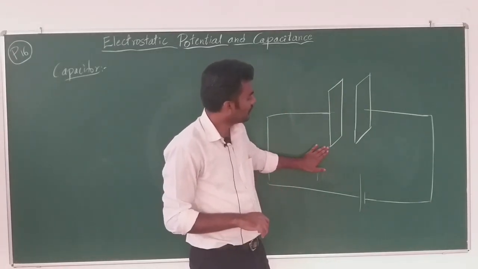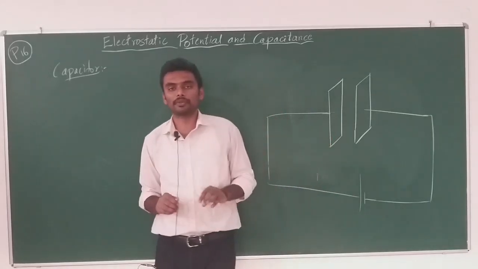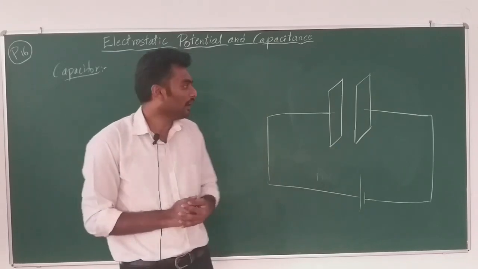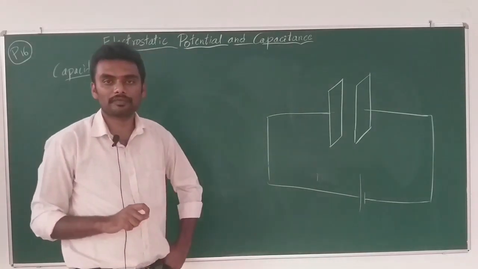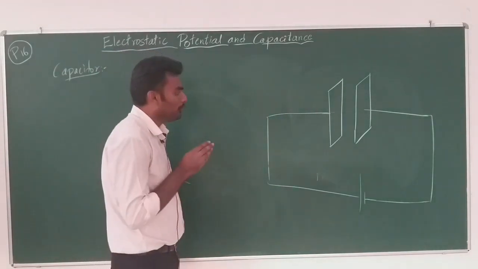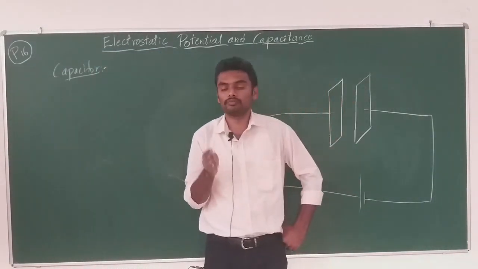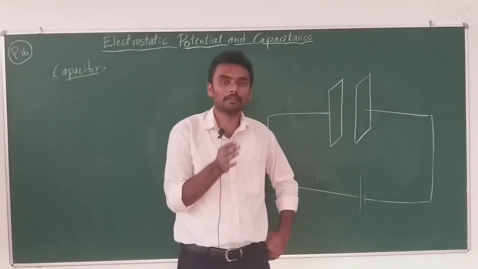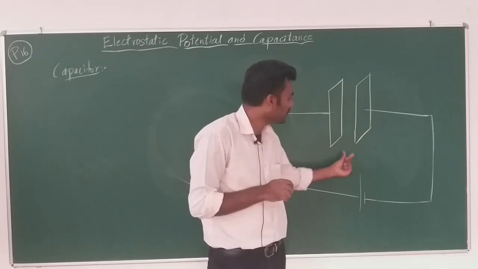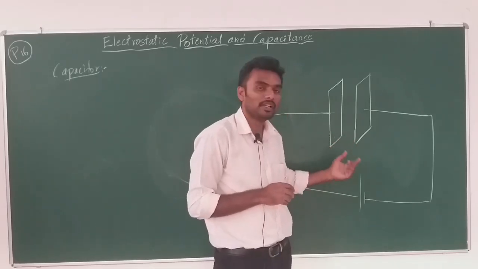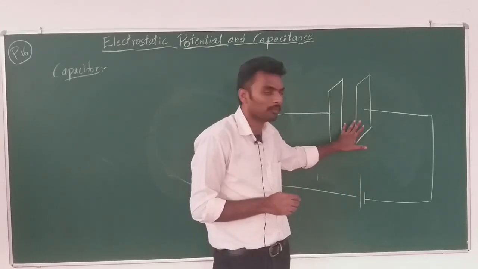So finally this was said to be the most efficient method of storing charge, and this is called a parallel plate capacitor. Two conducting parallel plates separated by a certain distance, which have the ability to store charges, can be considered a parallel plate capacitor.